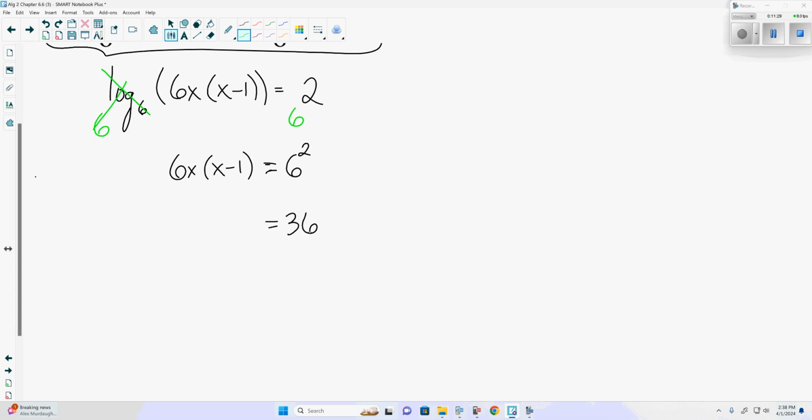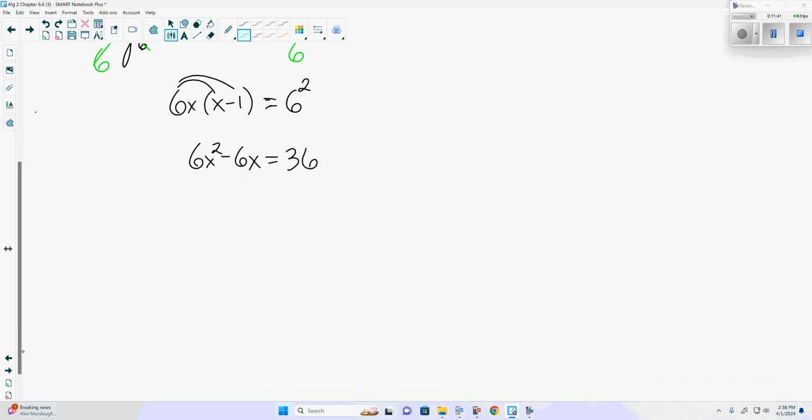Our other side, we can distribute the 6x. Our 6x times x is 6x squared. 6x times negative 1 would be negative 6x. Questions on this here before we do our next step?